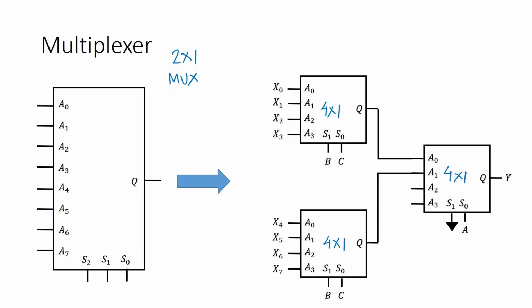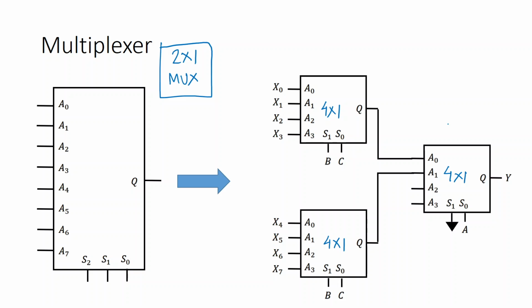You have looked at the 4x1 mux, and the 2x1 mux is also similar. It has only one select input and two data lines, one output. So you can build its block diagram, its output expression, its truth table, everything for yourself. So this 4x1 at the output can also be replaced by a 2x1 mux. If you understand how the 2x1 mux behaves, you will come to understand this.